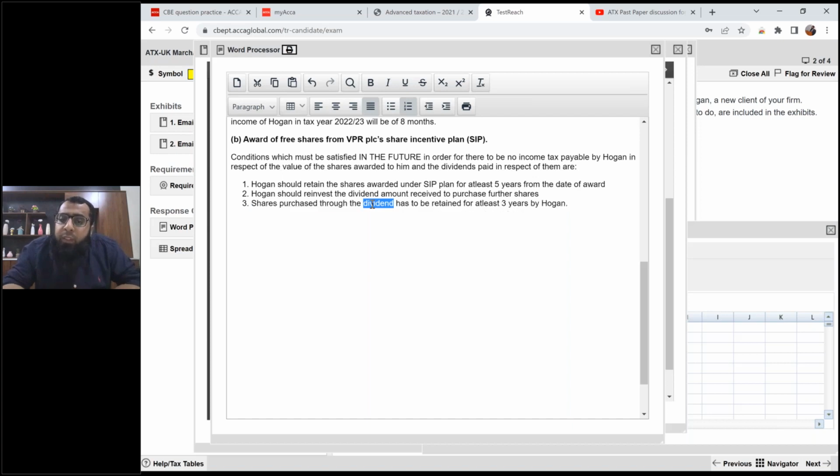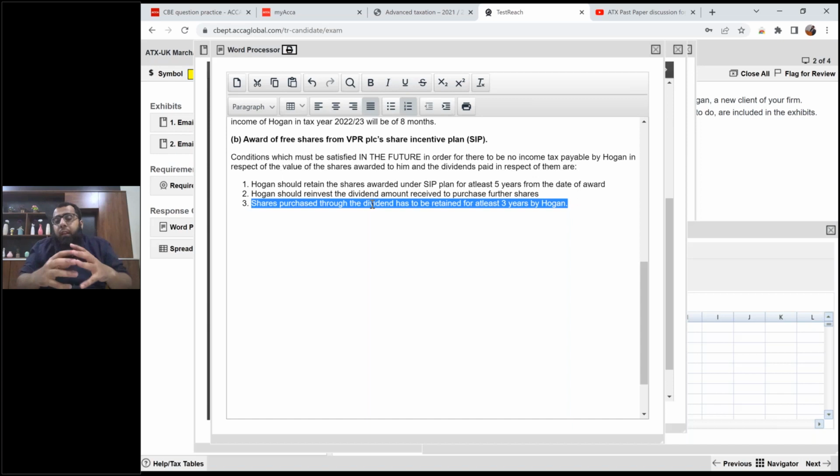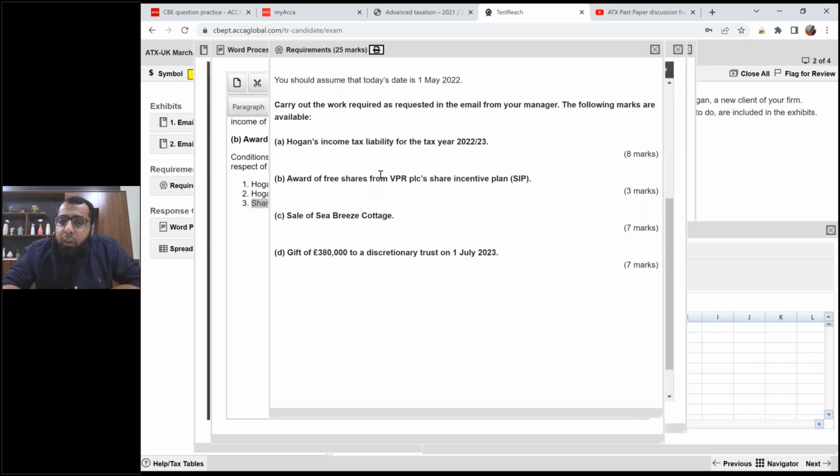Many students do not know this, because it is not written in all the books. But when you do the past papers, you find out these small pieces of information, and that can be really helpful in the exam. If I hadn't written it, you would have lost 0.5 or 1 mark. Is it clear? I think this was a very easy requirement for 3 marks.